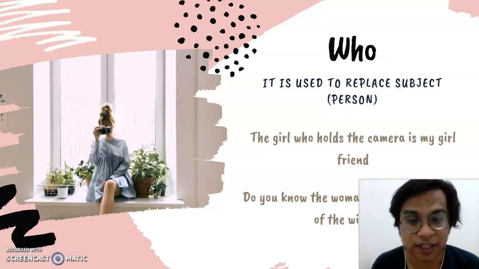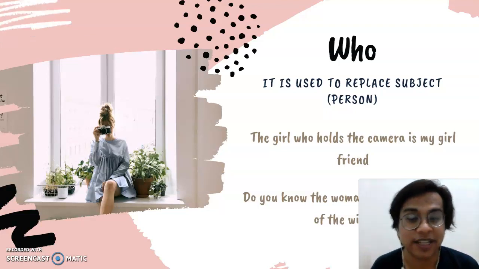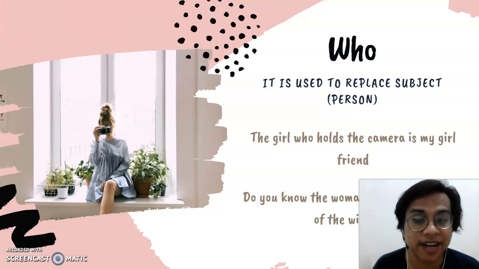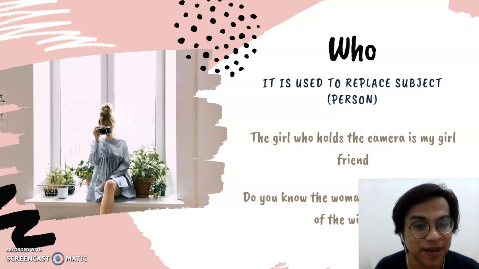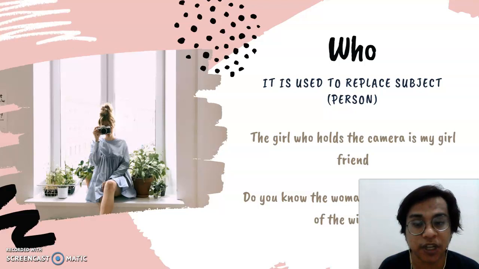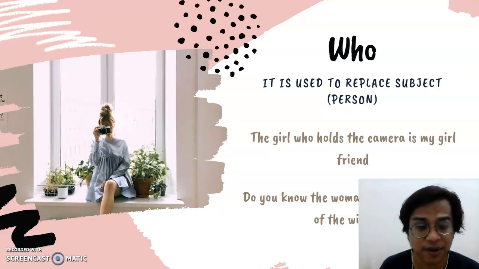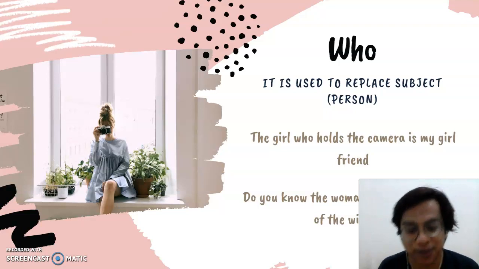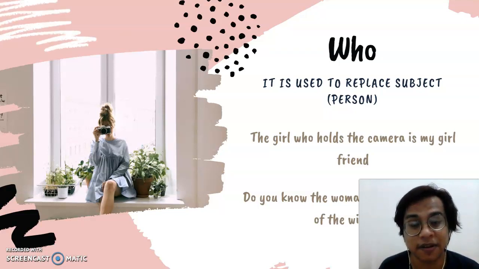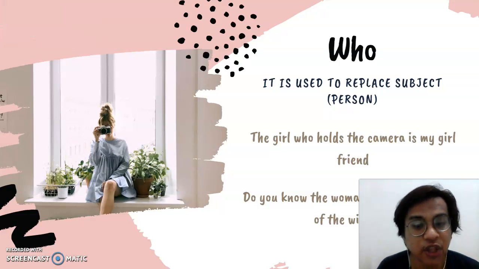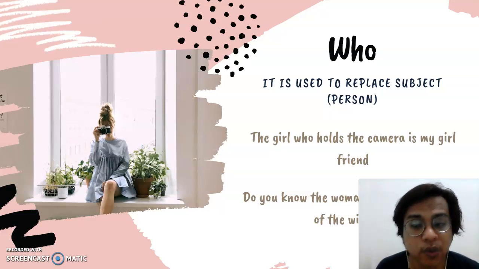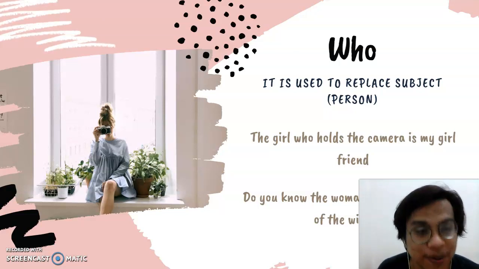And I provide two sentences here. The first one is, the girl who holds the camera is my girlfriend. So the who here refers to the girl, and the who explains about the girl. The girl is a person and it is a noun, so after the noun comes who as the relative pronoun. And the second sentence is, do you know the woman who sits in front of the window?